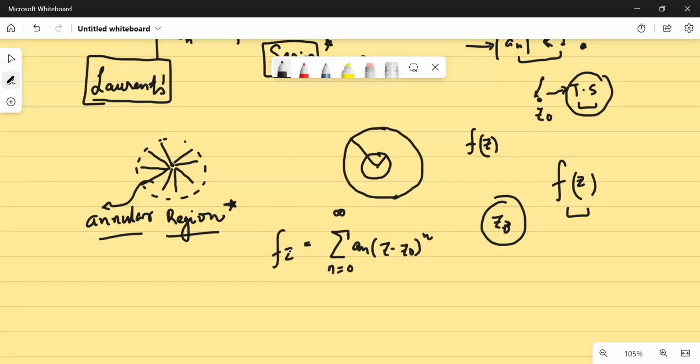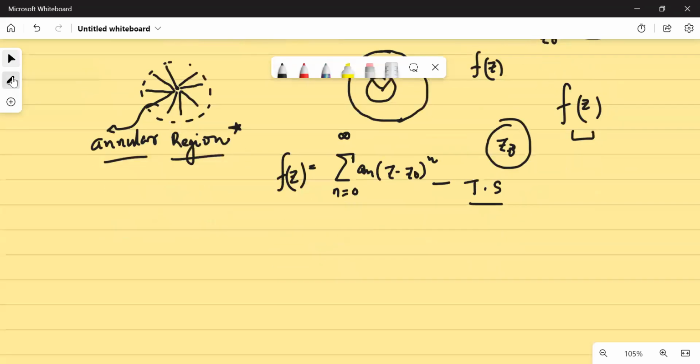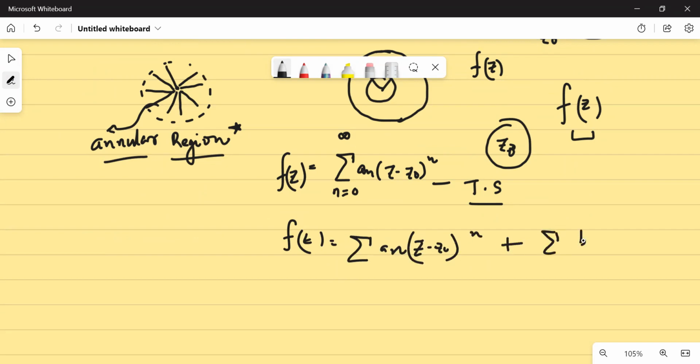So this was your power series representation. You can fairly see that this was a Taylor series. What if I have a power series representation of this form? There is a regular part, and then there is a singular part associated with it.